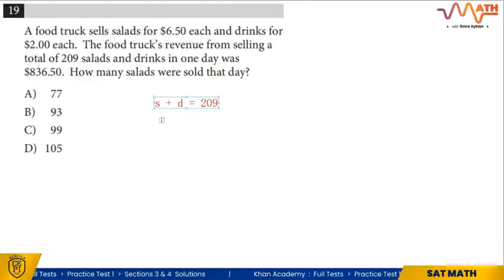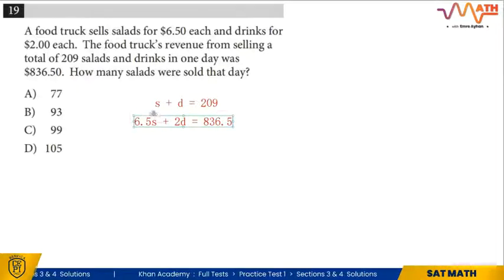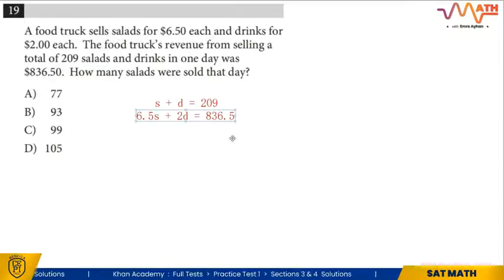And 6.5S plus 2P is 836.5. We need to find what? Total balance. How many columns? We have to find that.